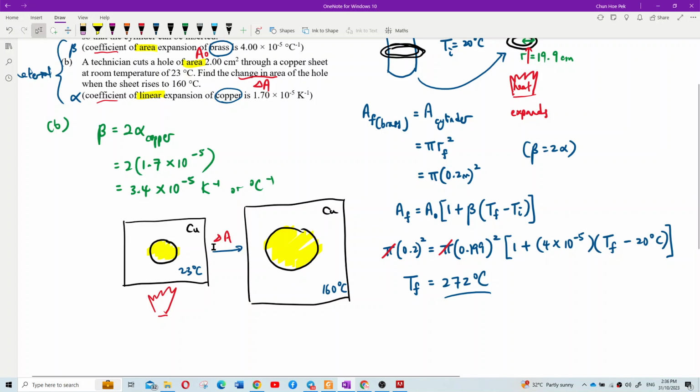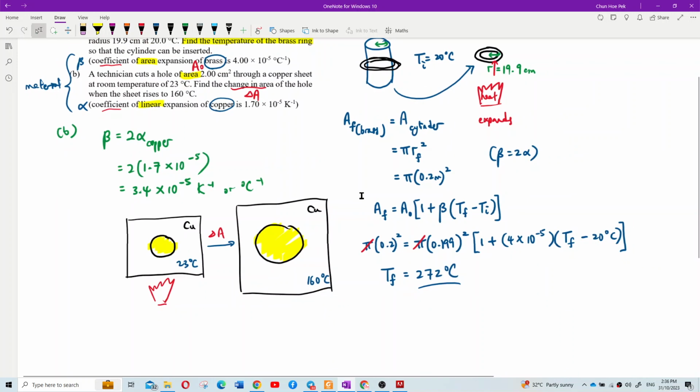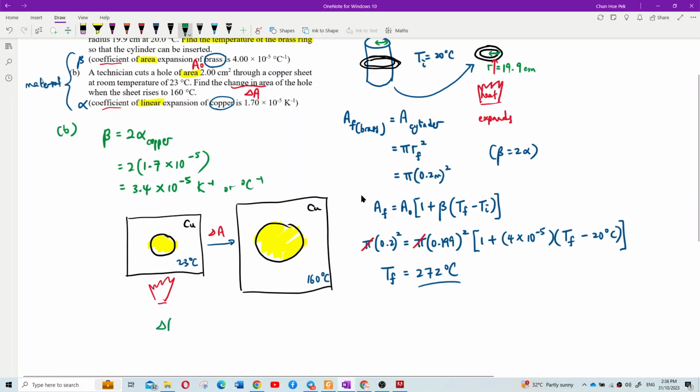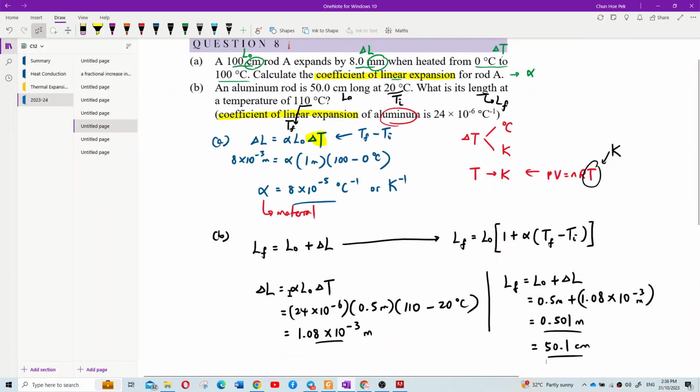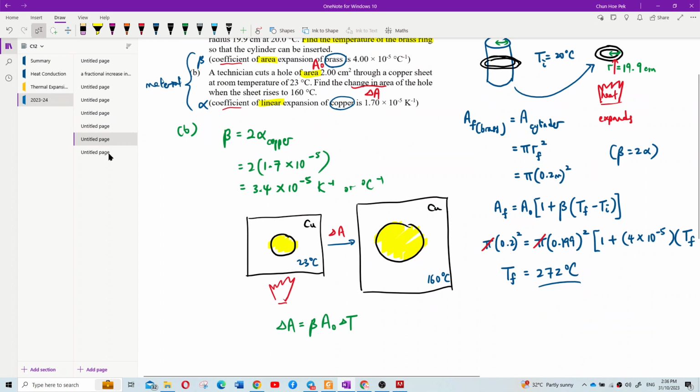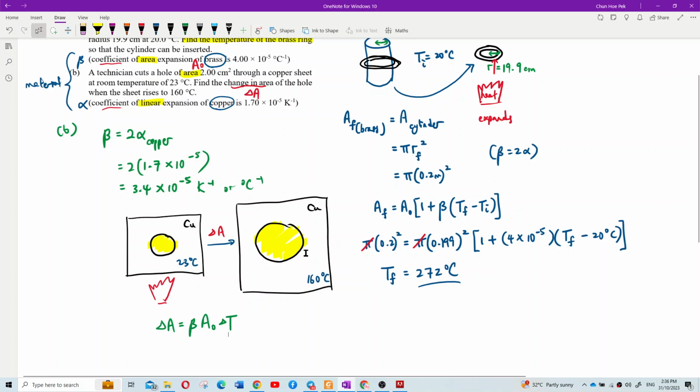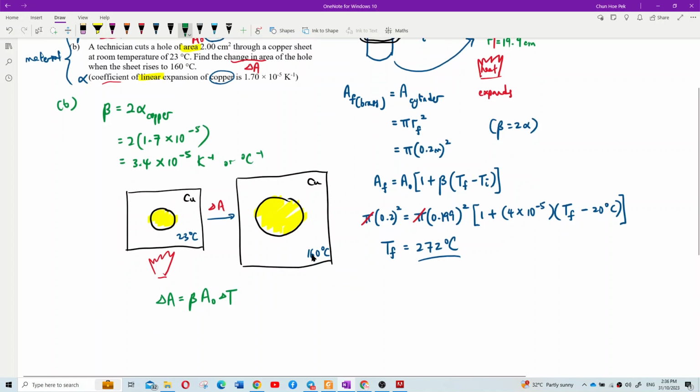Okay, so can you do it? Very easy. I got the beta already. What's so difficult? Okay, so let's do it. Delta A is equal to beta A naught delta T. If length, it is alpha L naught delta T. If area, it is beta A naught delta T. Same thing, no difference.